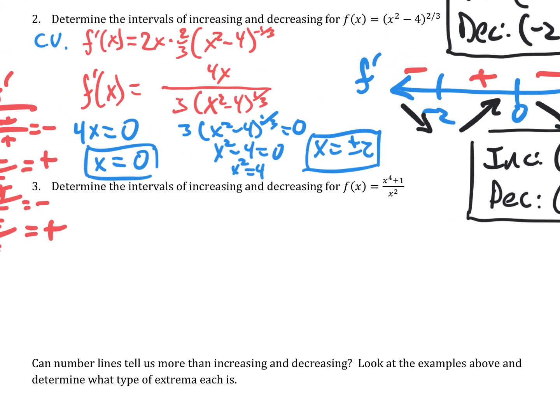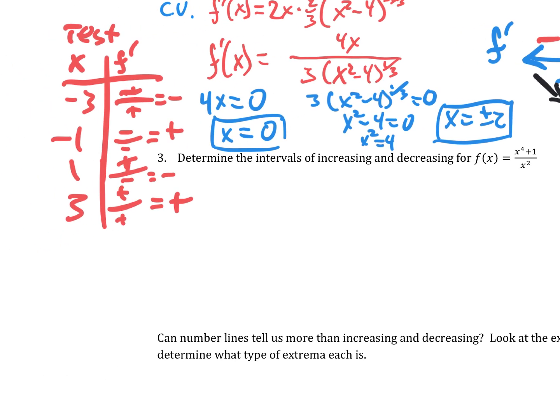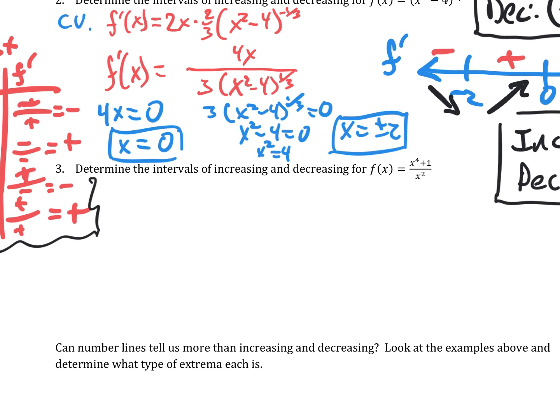We have a quotient going on here. So let's find our critical values by finding the derivative here. And so the derivative is going to, again, take the quotient rule here.